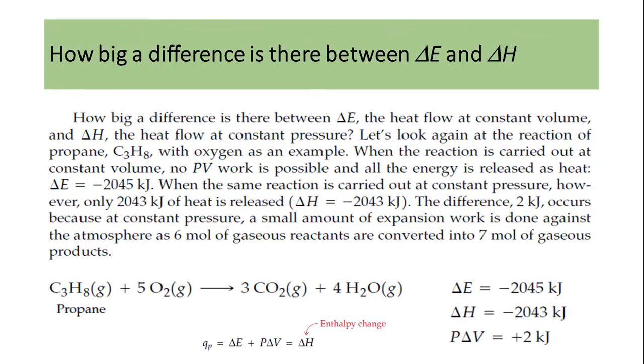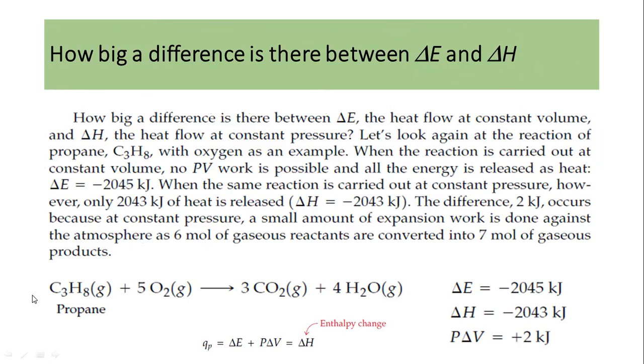So this is an example to differentiate between delta E and delta H, the change in internal energy and the change in enthalpy. Again, this is the heat transfer at constant volume, and this is the heat transfer at constant pressure.